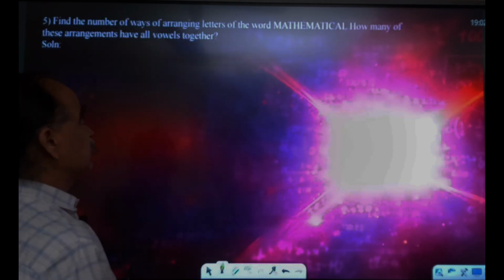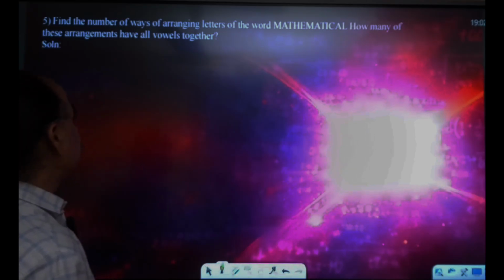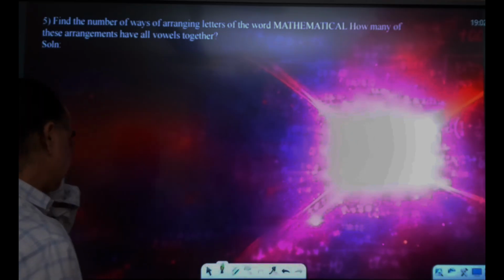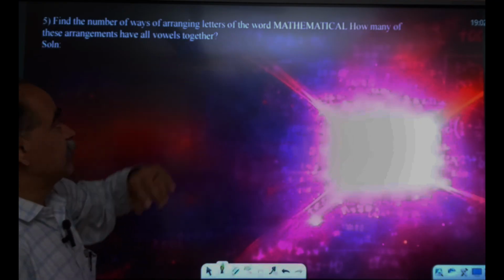Find the number of ways of arranging the letters of the word mathematical. How many of these arrangements have all vowels together? Now next word is what? Mathematical.